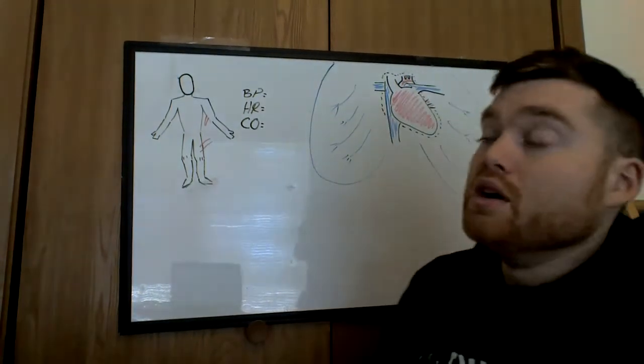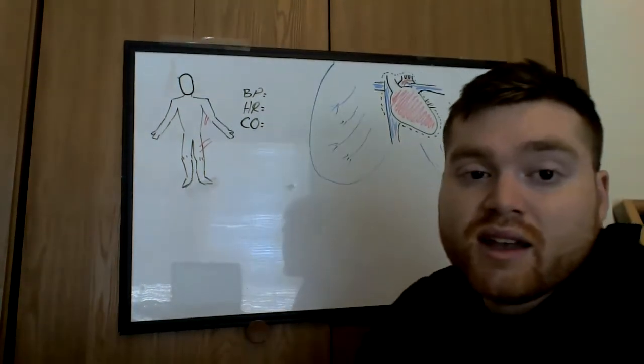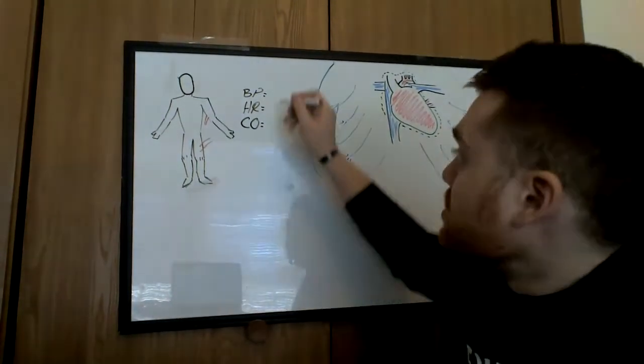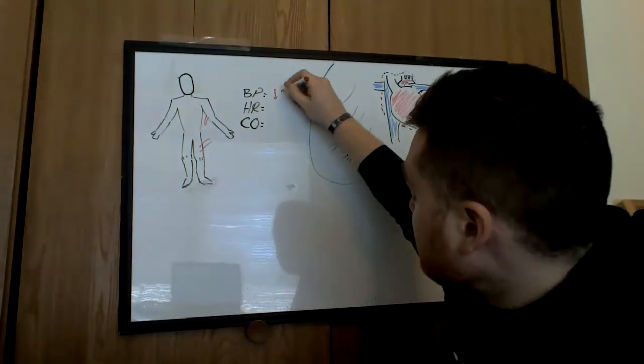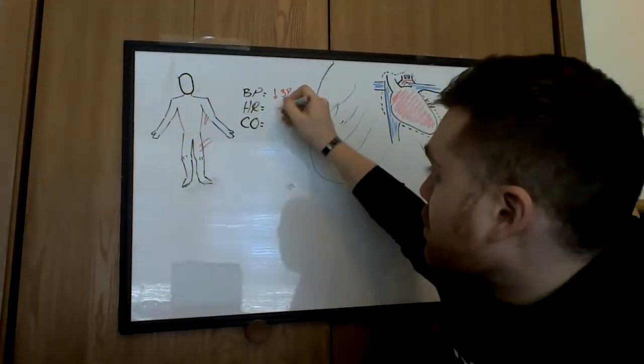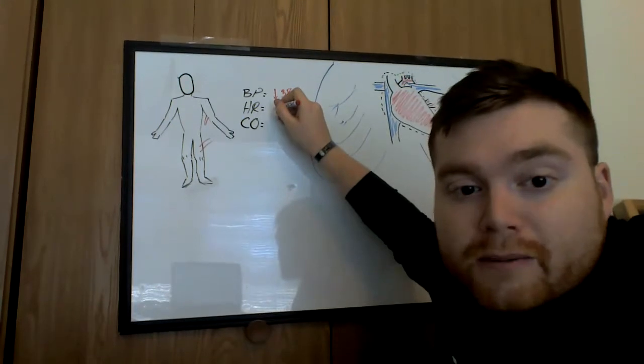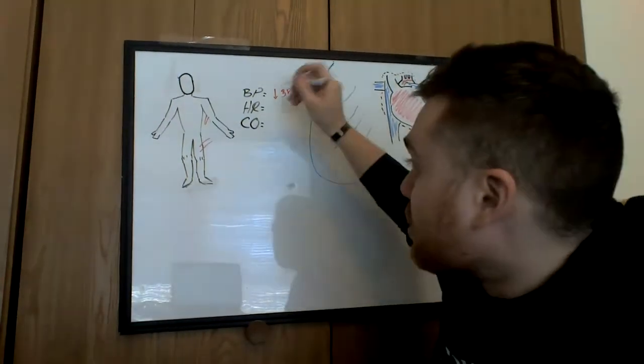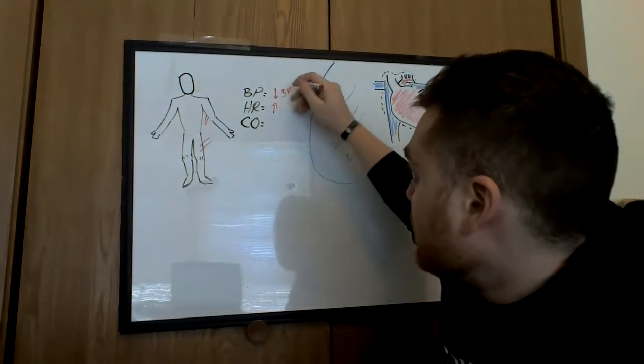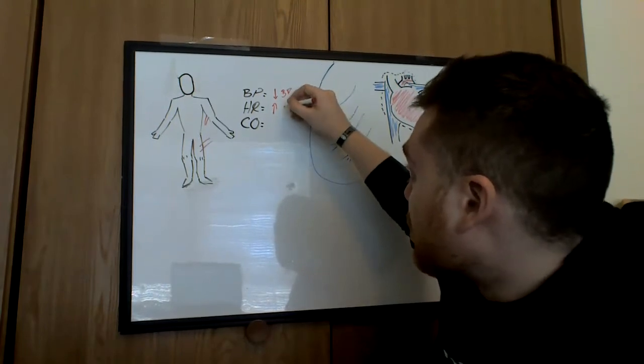Ways that we're going to be seeing hypovolemic shock: we're going to be seeing a low BP. And as far as our heart rate, it's going to be tachycardic, a high heart rate.